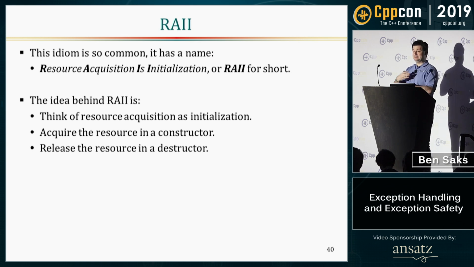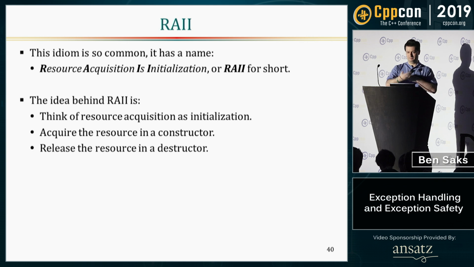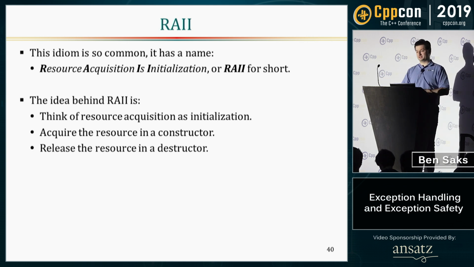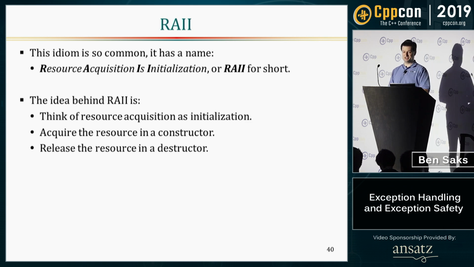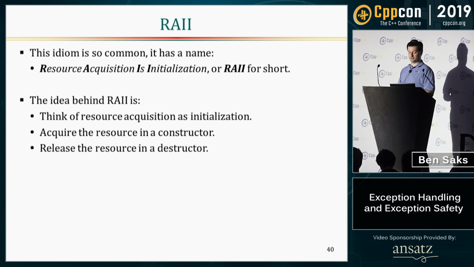But the basic idea is that anytime you want to acquire a resource, whether that's dynamically allocated memory or a file or exclusive access to some sort of resource, you acquire that resource in a constructor. And then you have a paired destructor in the class type that releases the resource.